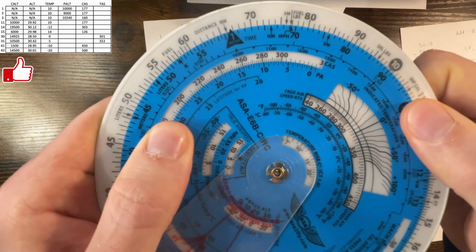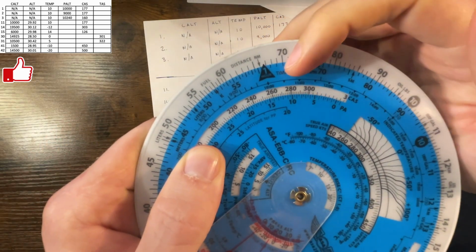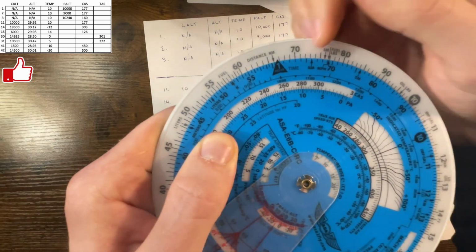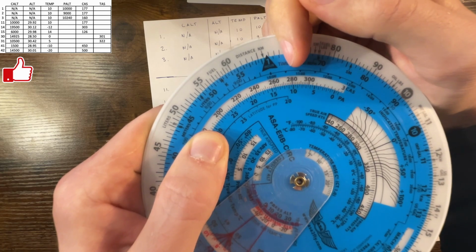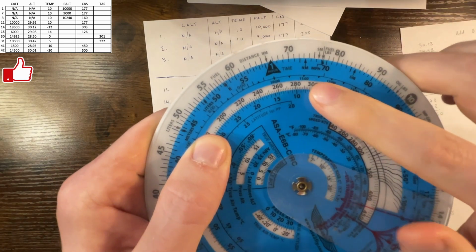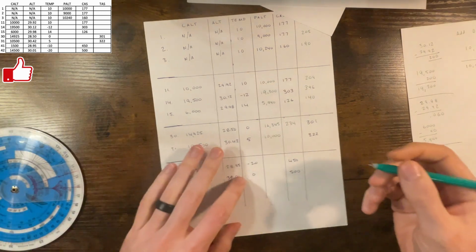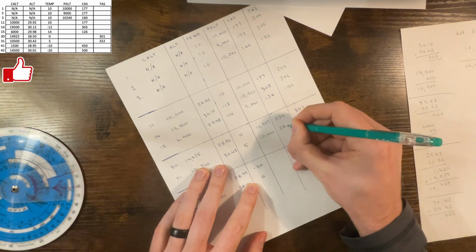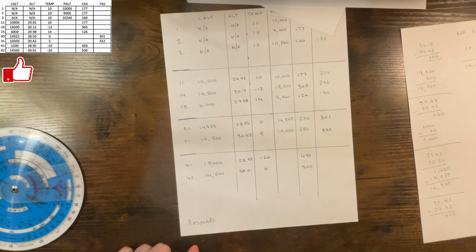And now we can go over to our pressure altitude of 10,000 and see what our calibrated airspeed will be. That's going to be right at 280. So we're going to have a calibrated airspeed of 280 knots.